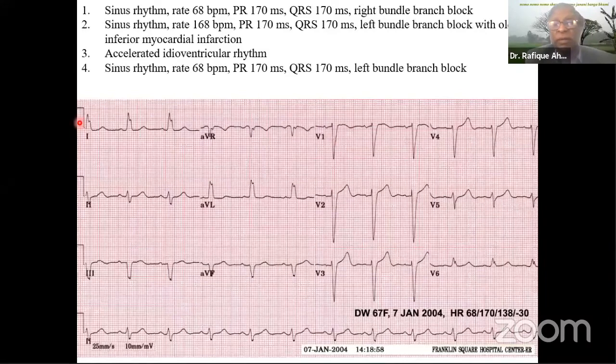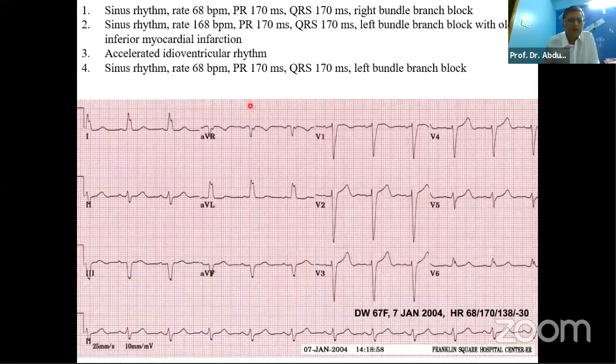Majority said D, which is sinus rhythm with left bundle branch block. Wadud, can you comment on choice B that I have put in the setting of a left bundle branch block? In the presence of a bundle branch block, it is very difficult to identify inferior MI. It should not be done, ideally.